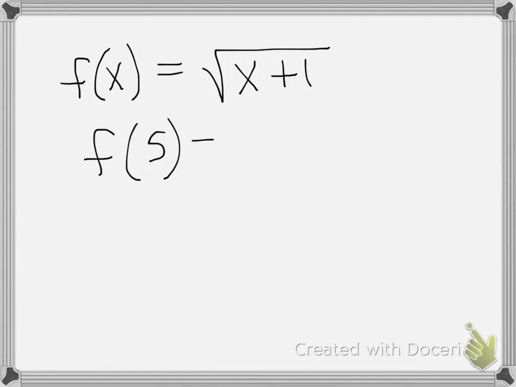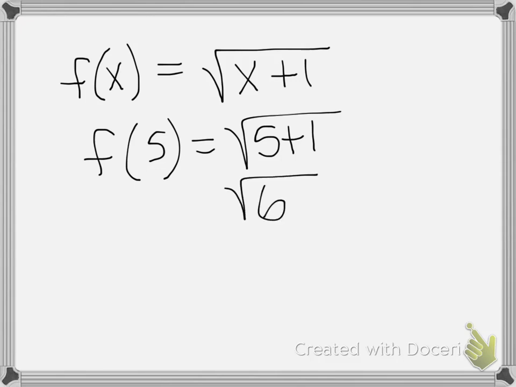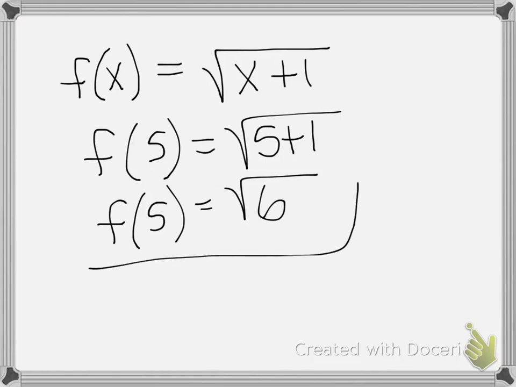So all that means is if you throw 5 in there, what will happen? Oh, and I didn't make this square root of 6, sorry. We'll have to leave that square root of 6. I meant to make that a perfect square. This is what I get for making the video the morning of. Okay, so f of 5 is the square root of 6. I think the ones in the homework are perfect squares, though.